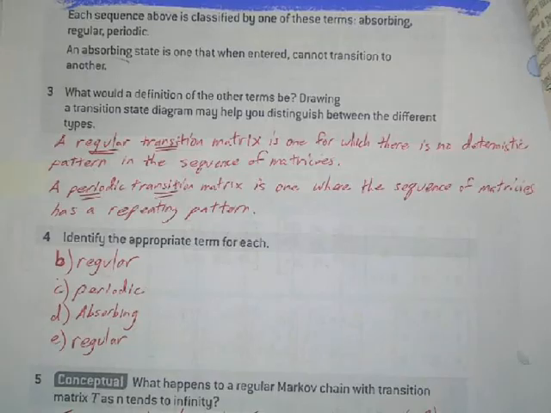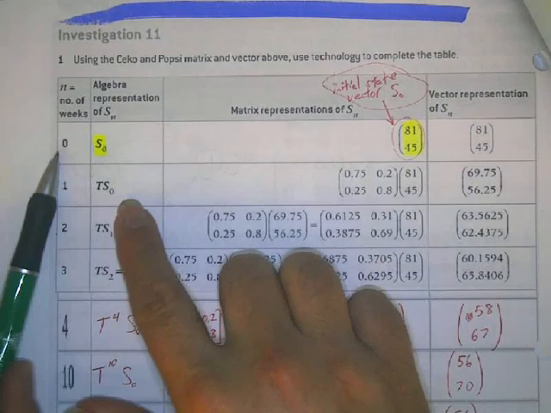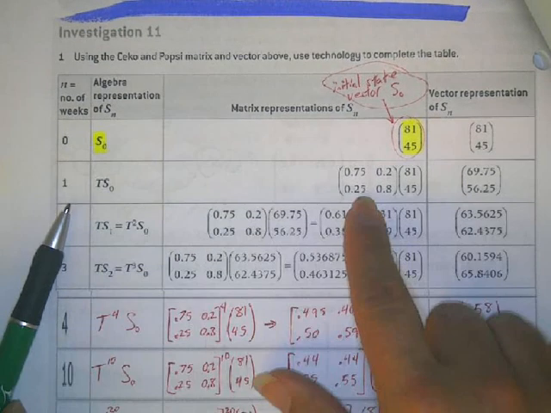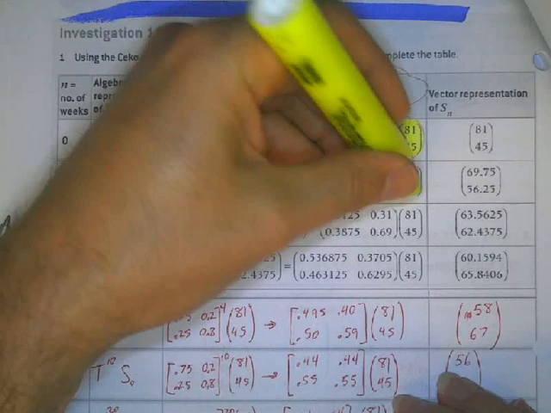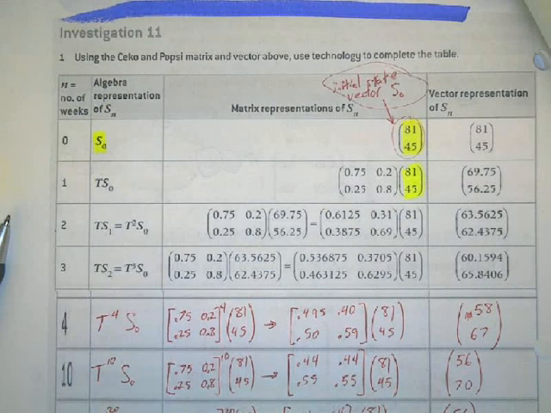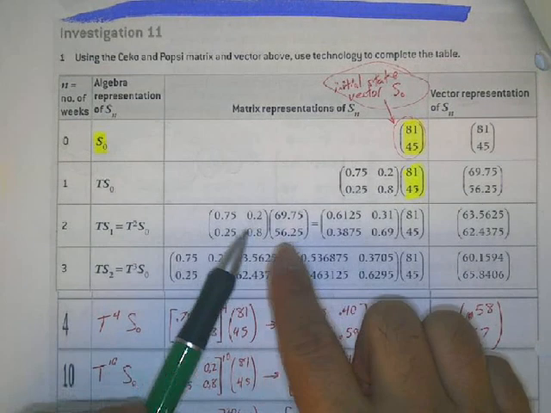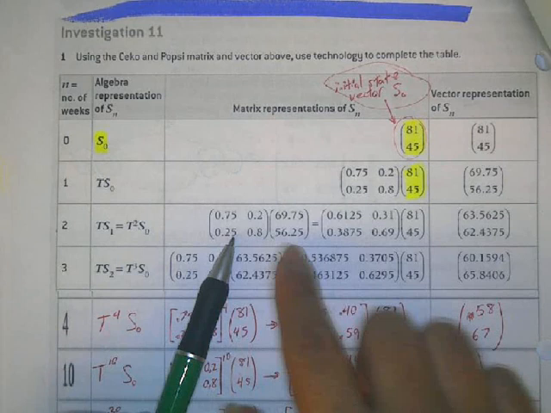After the first year, it's our transition matrix times our initial value. And then after the second year, it's going to be this transition matrix times the other transition matrix.